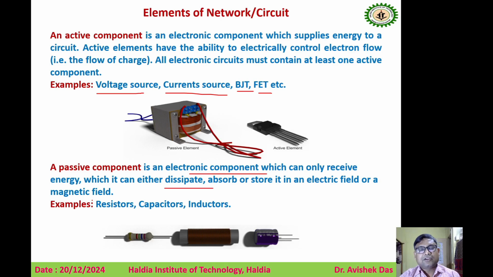So it cannot generate or amplify the power. What are the examples of the passive component? Resistor, capacitor, inductor are all examples of the passive component. So the first one is the active component and the next is the passive component.